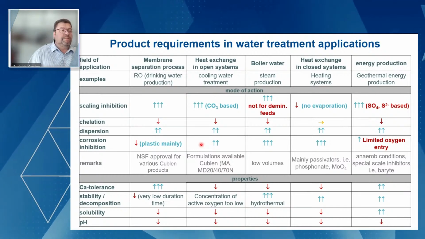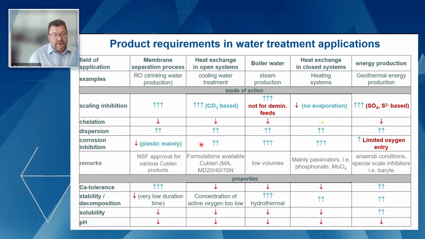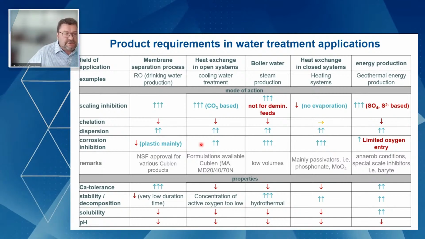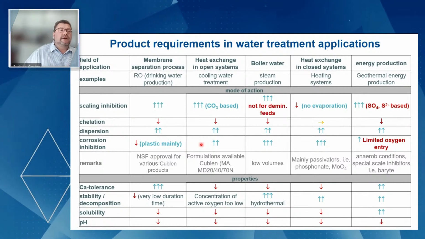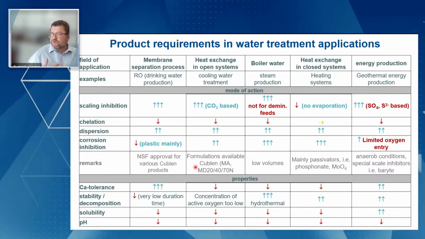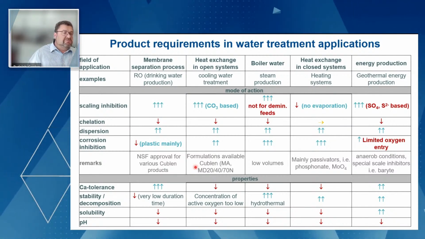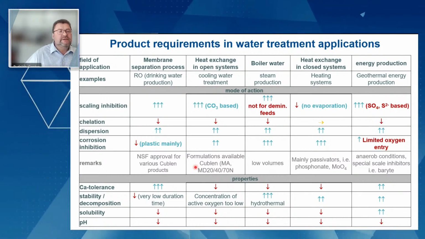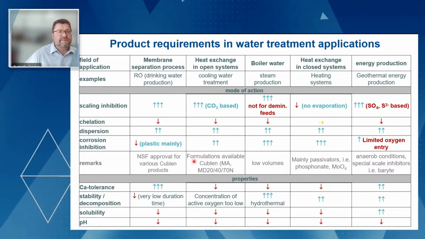We have steel from the pipe, and from the heat exchanger the copper or the brass. So for this application, usually formulations are used, and these formulations are mixtures which show properties which are useful for this application, ideally already together with corrosion inhibitors.